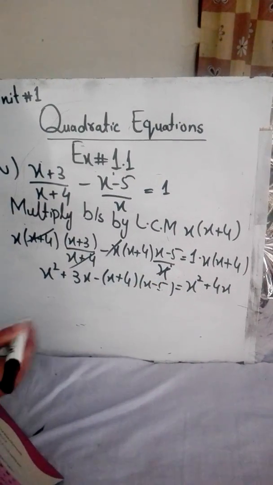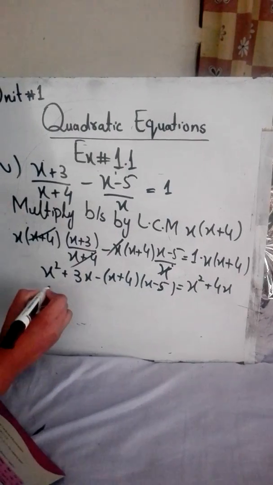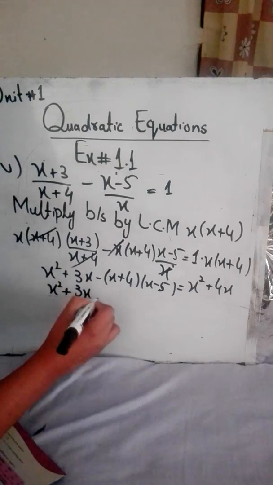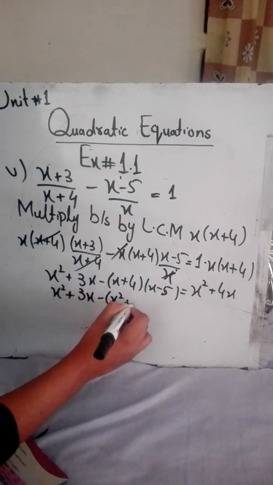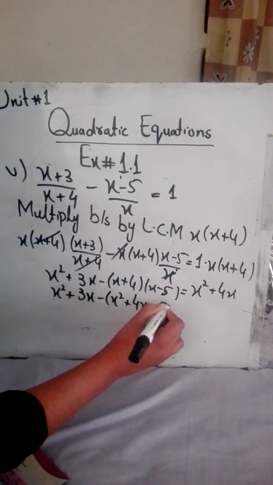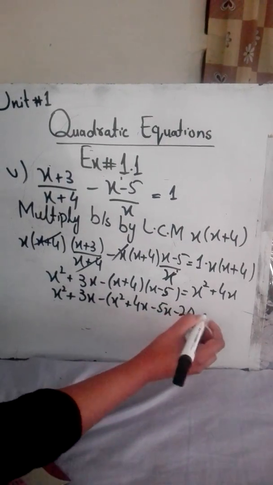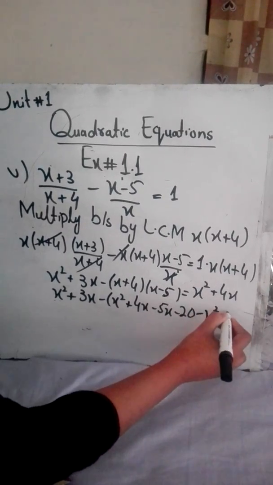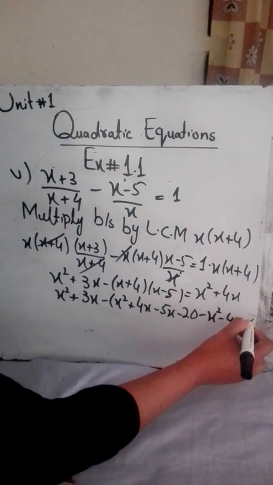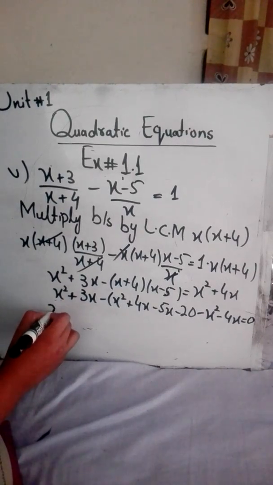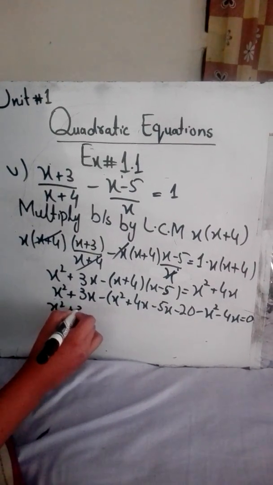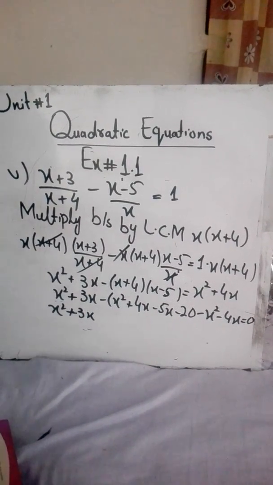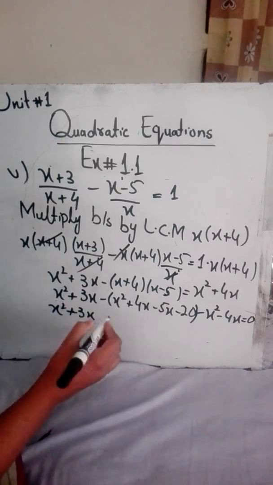Now I will multiply both the terms. x squared plus 3x minus x squared plus 4x minus 5x minus 20. x squared and 4x, I will change their place and they will become negative. When minus is multiplied, the sign of all the values will be changed.